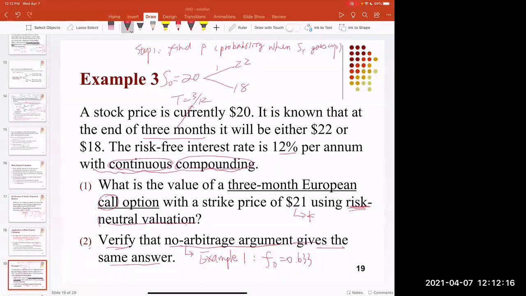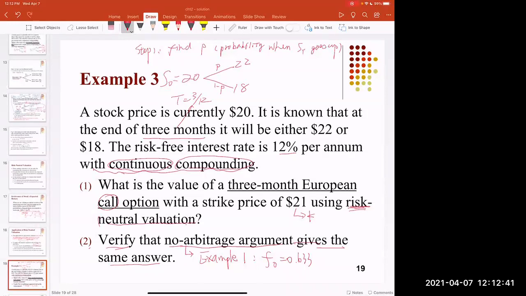So this is the P. When the stock price goes up, we want to find the probability. And in the other case, when the stock price goes down, the probability would be 1 minus P, because there are only two cases. We call this P the risk neutral probability.